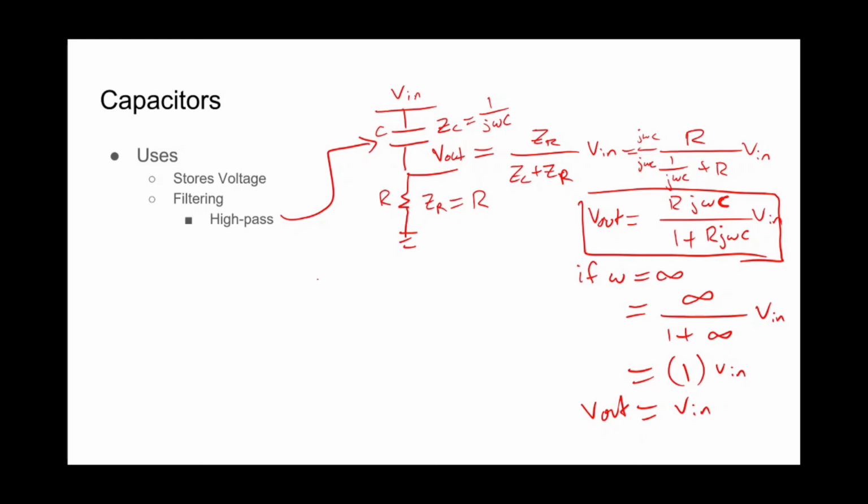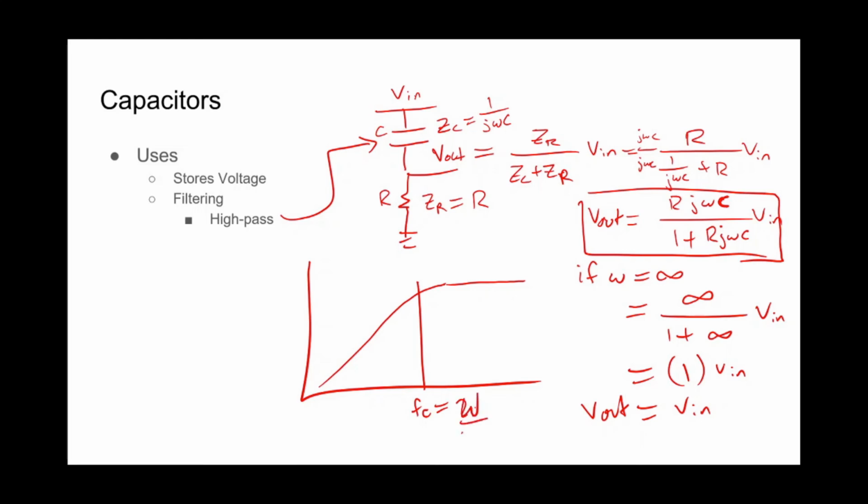If we were to look at a Bode plot, high frequencies are able to pass through just fine, but lower frequencies are attenuated, or they become less impactful, less noticeable. They're filtered out. And this cutoff right here, F sub C, or our corner frequency, relates to omega divided by 2 pi.